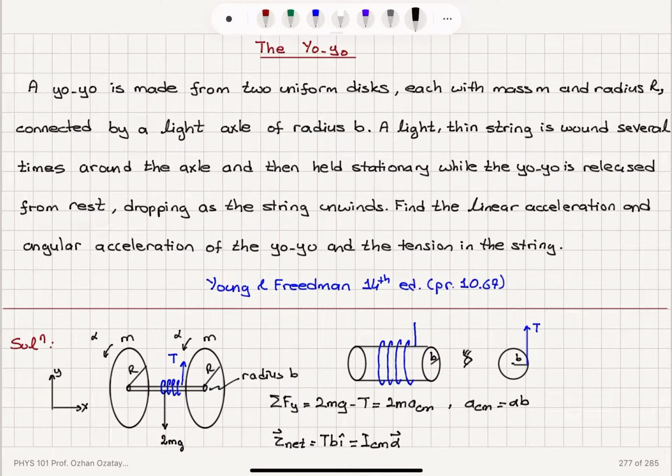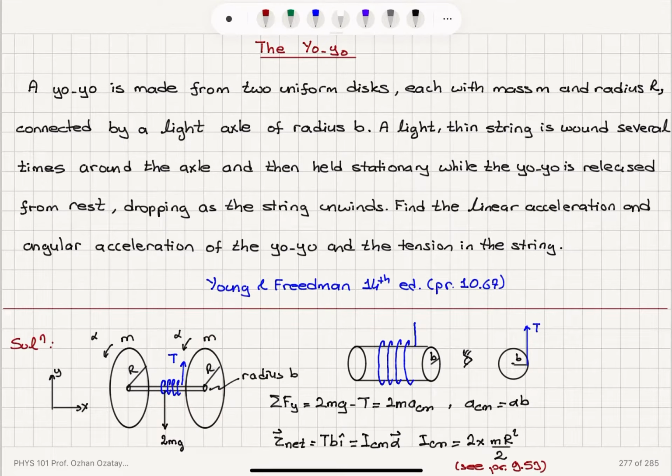And what is the moment of inertia? The moment of inertia is going to be equal to two contributions from each uniform disk. We have mR squared over 2 for the moment of inertia. This is basically the result we found in problem 9.53. Each of these disks is rotating around its central axis. The axle goes through their centers.